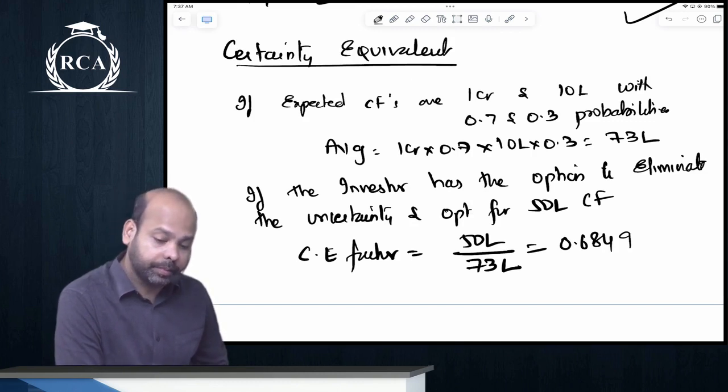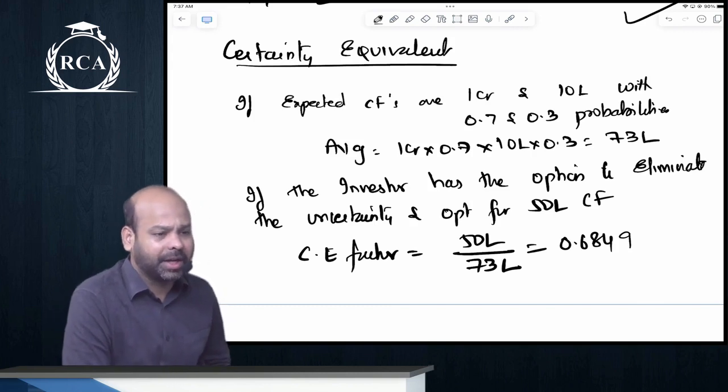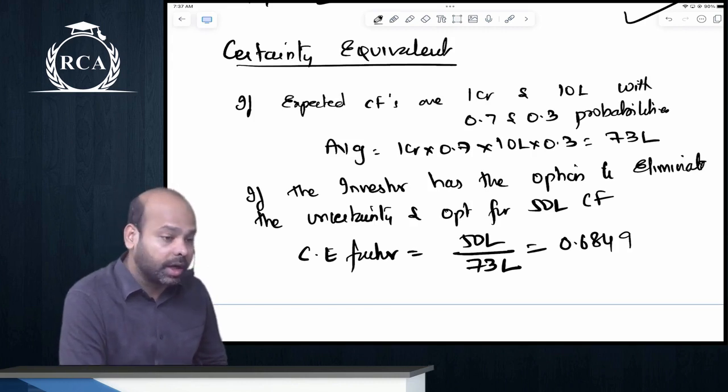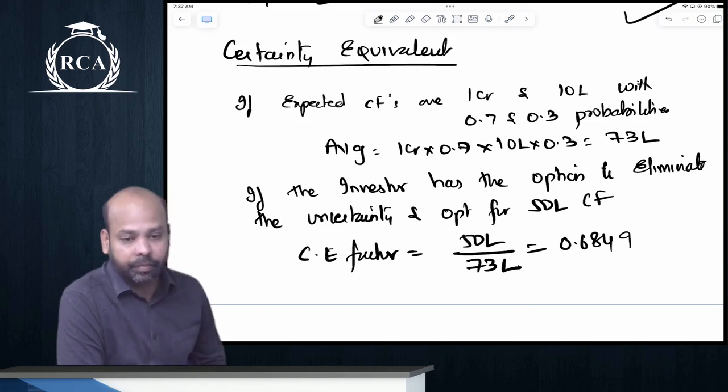And hence RADR is commonly used. अपन every capital budgeting decision, beta, you will not see certainty equivalent approach. You will only see RADR.